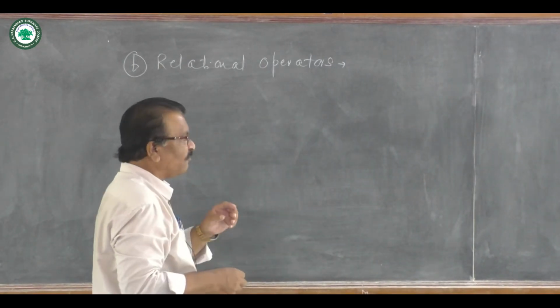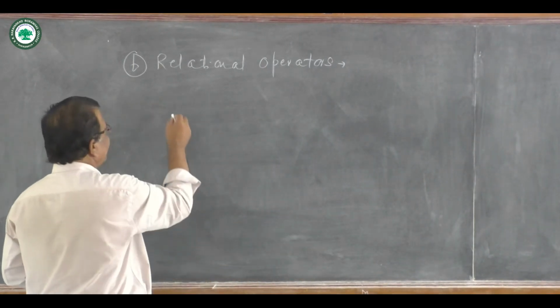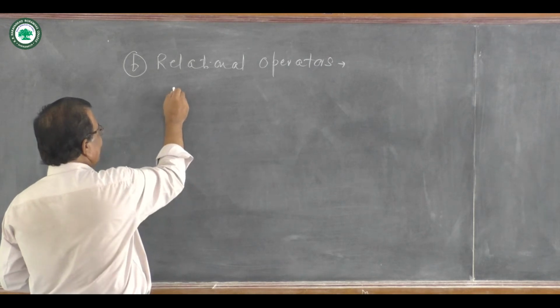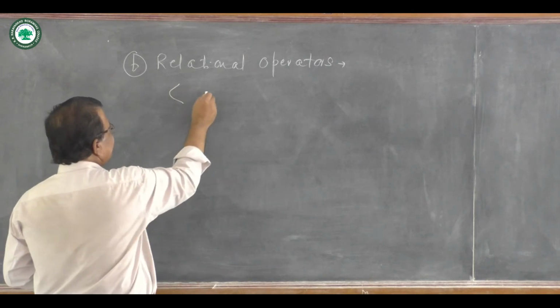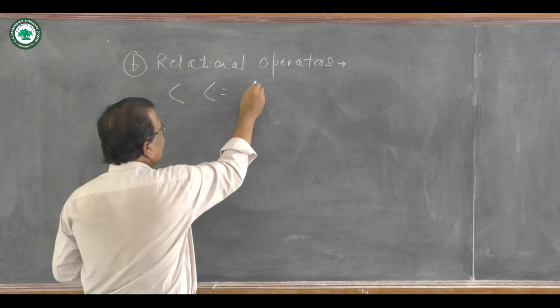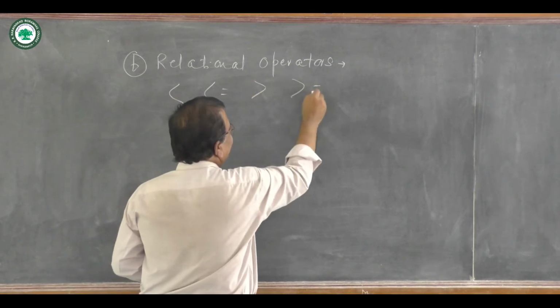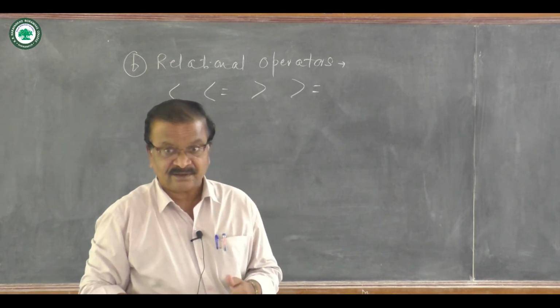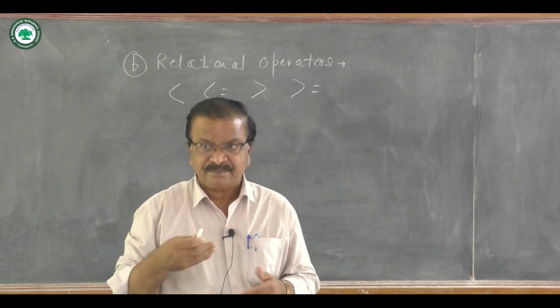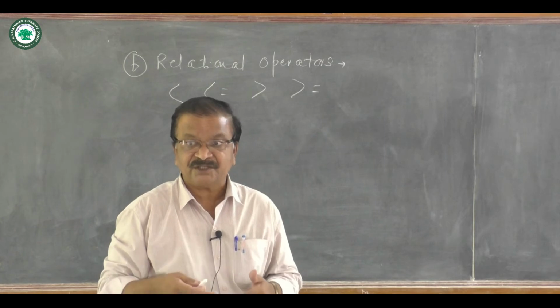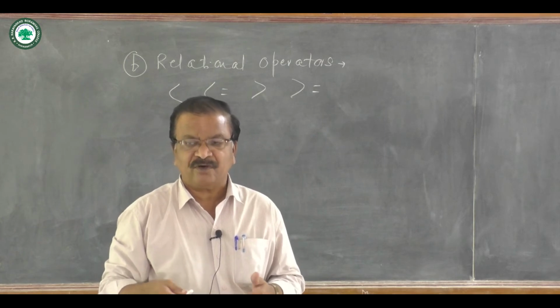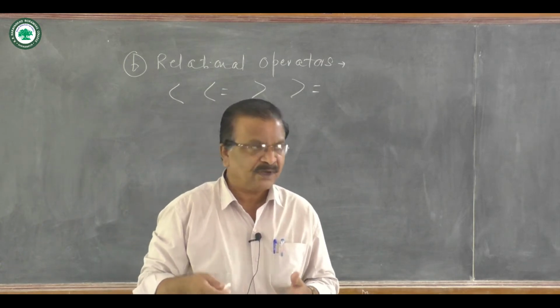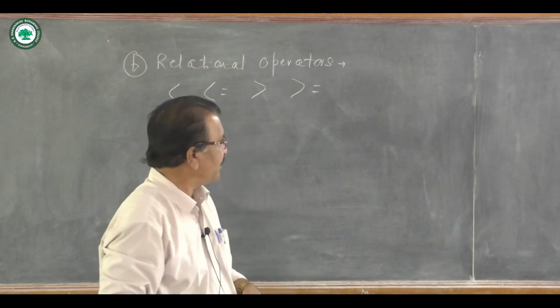There are four basic relational operators in C: less than, less than or equal to, greater than, and greater than or equal to. The result of evaluation of these relational expressions is either true or false, yes or no, or 1 or 0. Okay.